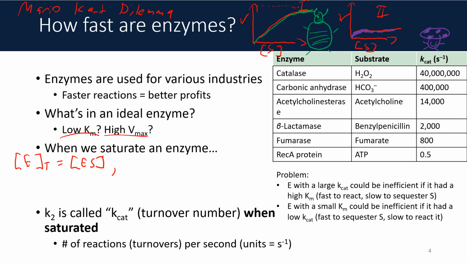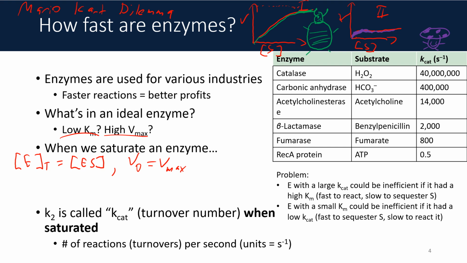We can also assume that the instantaneous velocity is going to be at a maximum, because we are all the way down on the right side of our x-axis. So V naught equals Vmax. It's not getting any higher. So why is that relevant?